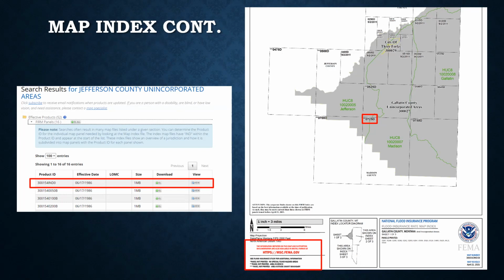When you get your FIRMs, or if you already have your FIRMs, you get an overall picture map index. On the MSC, it's got a little IND 0 on it, usually at the top. You can look at this one to figure out what map you want to be looking at for a certain area.